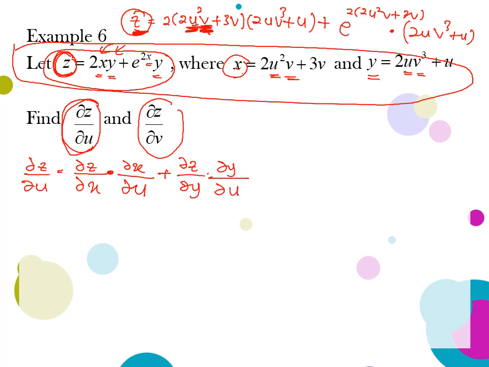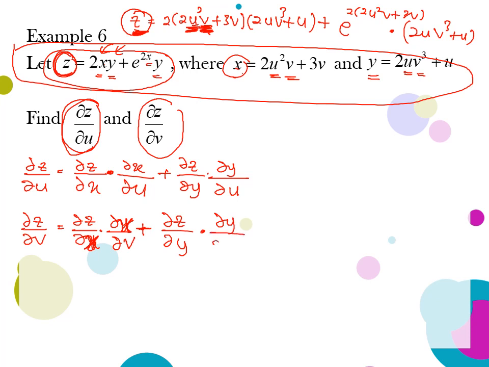Okay, so you will get del z del u. Same goes to del z del v. You need del z del x times del x with respect to v plus del z del y multiply with del y del v.